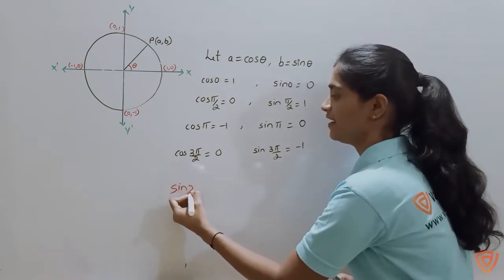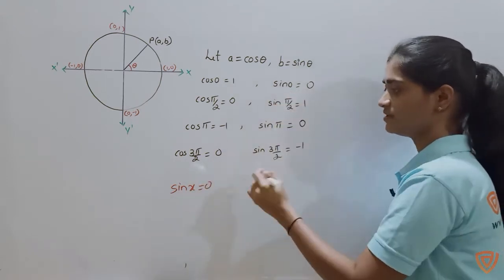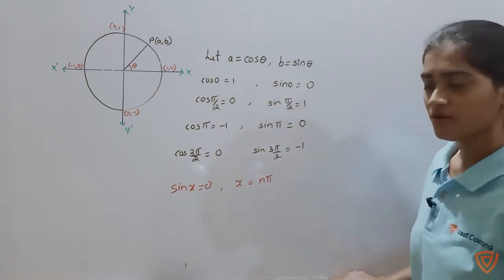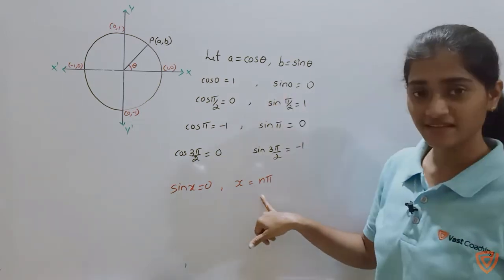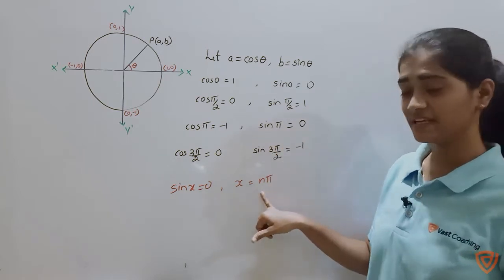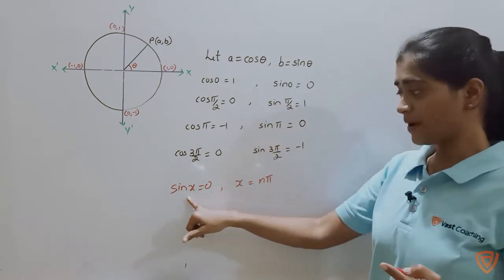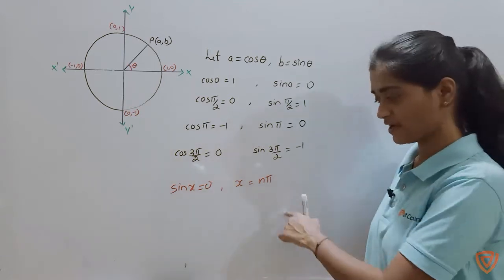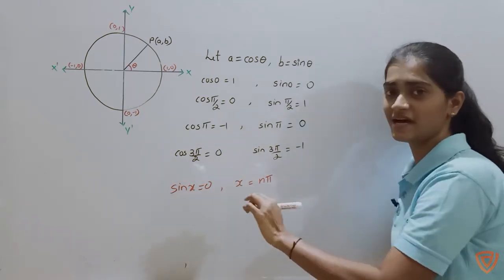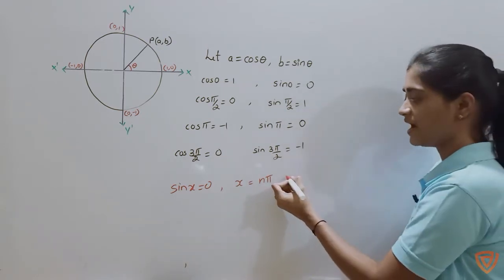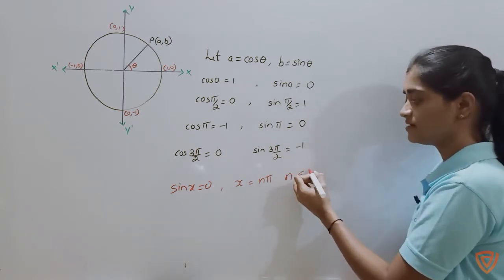Sin x is 0 whenever x is a multiple of pi. Sin 0 is 0, sin pi is 0, sin 2 pi is 0, sin 3 pi is 0, etc. So we can conclude that sin x is equal to 0 when x is n pi, where n is some integer.